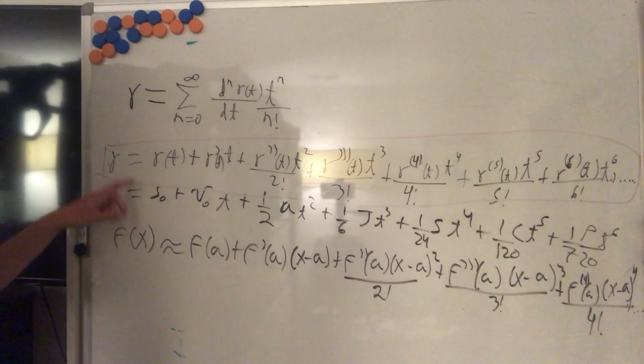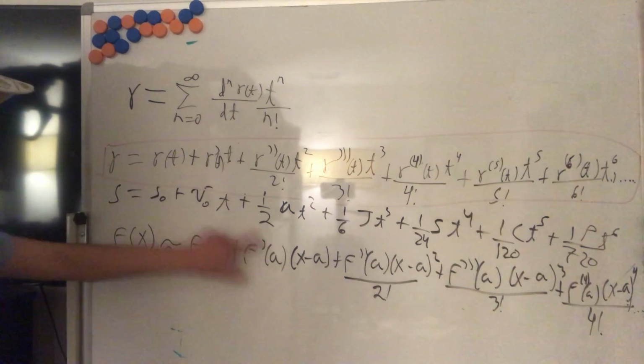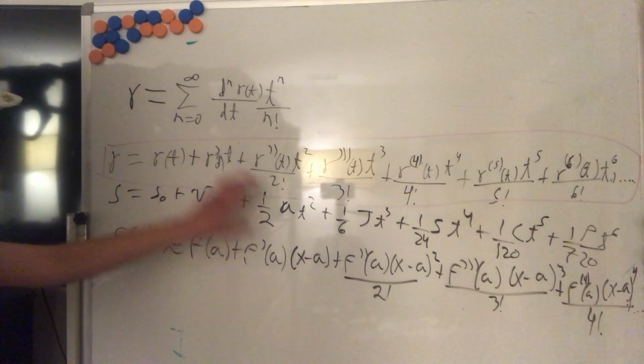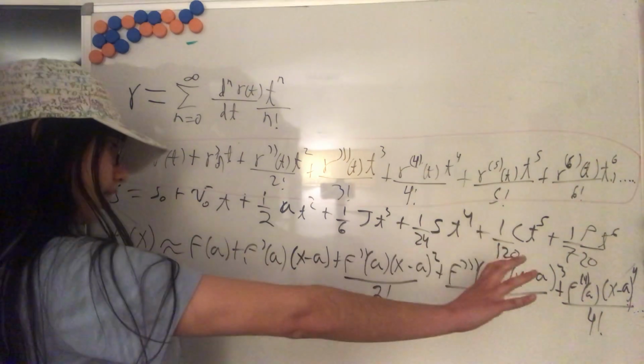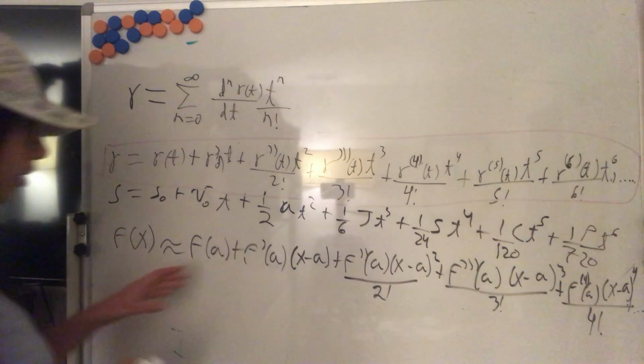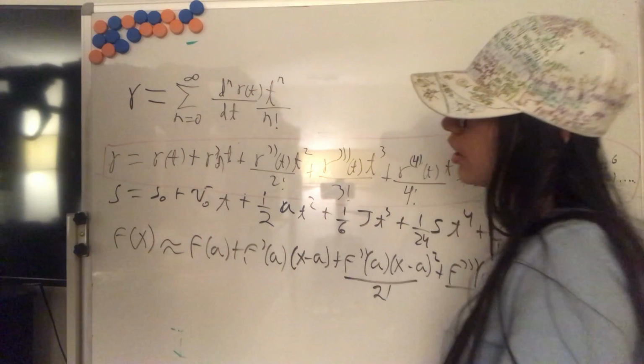So we have f, that is r, f prime is r prime of t, and here we have x minus a. This is the Taylor series, and a means the point at which we are centering the Taylor series.